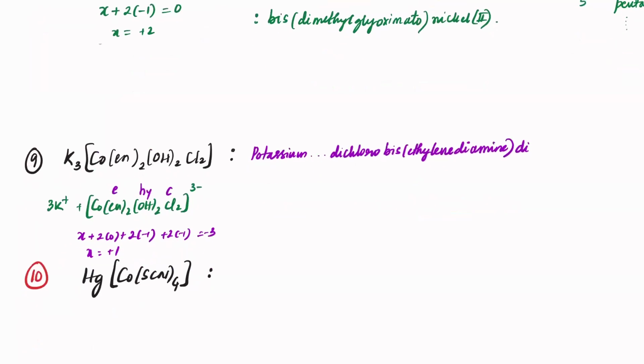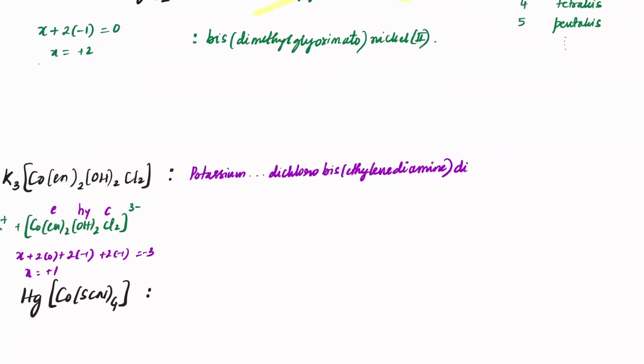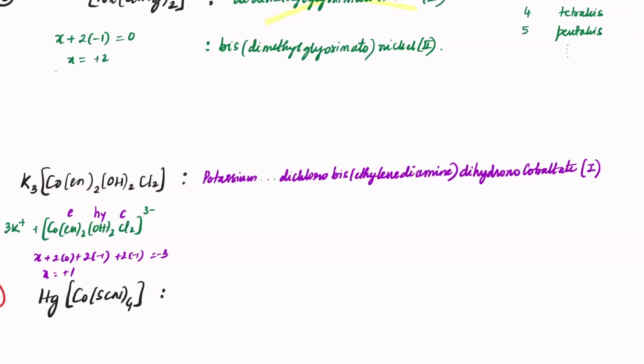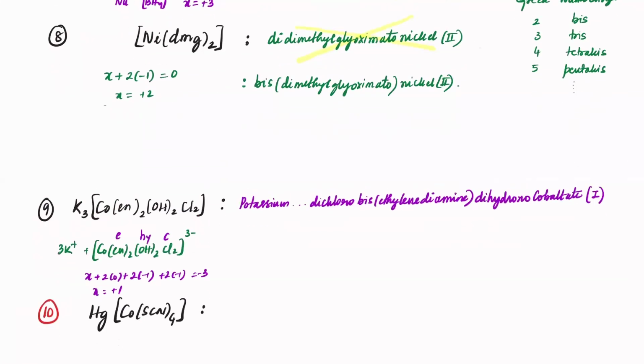Sorry, check out. So then we have dichloro, bis ethylenediamine, then dihydroxo, and then this will be cobaltate because it is an anion. You have to write it as ate, and then oxidation state 1. Okay, so this will be the complete name. Everybody, please check that.